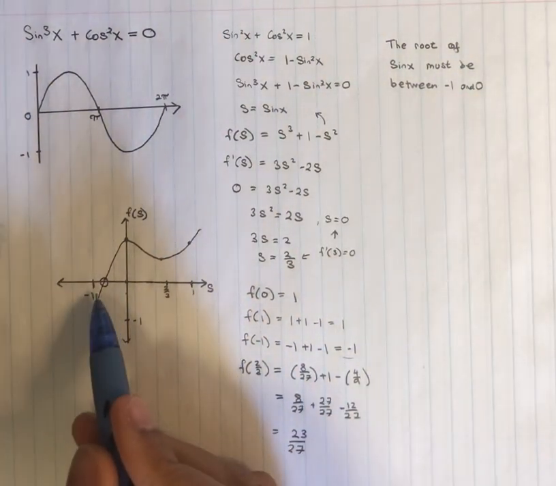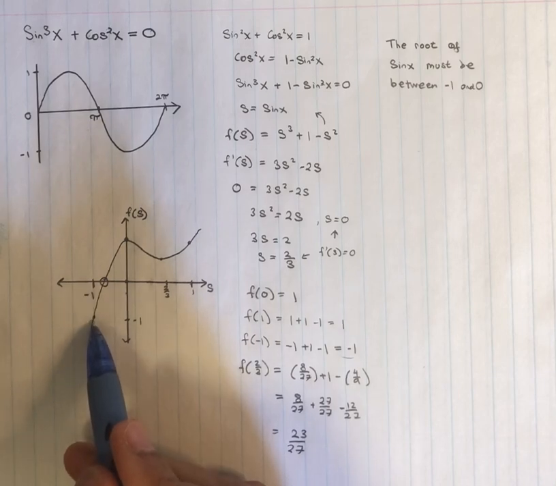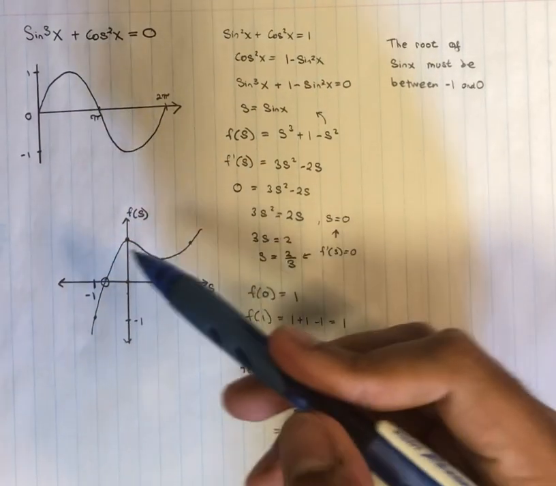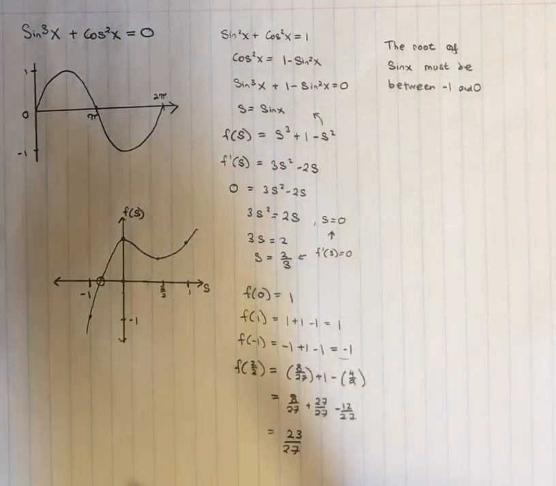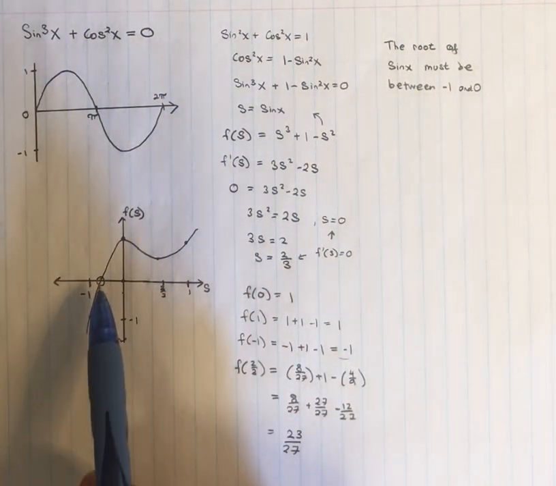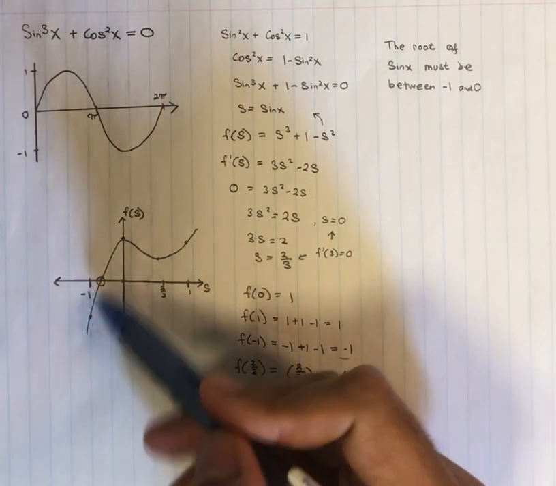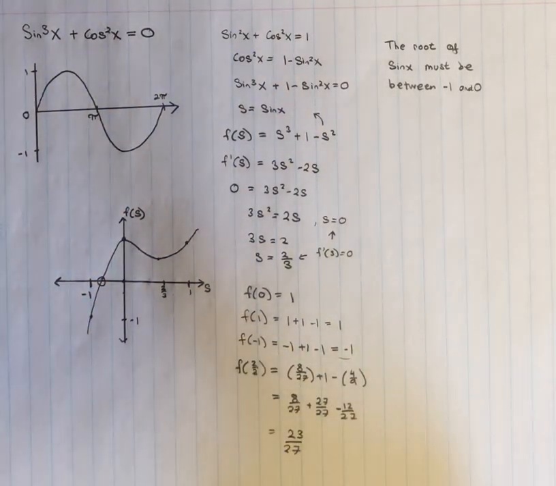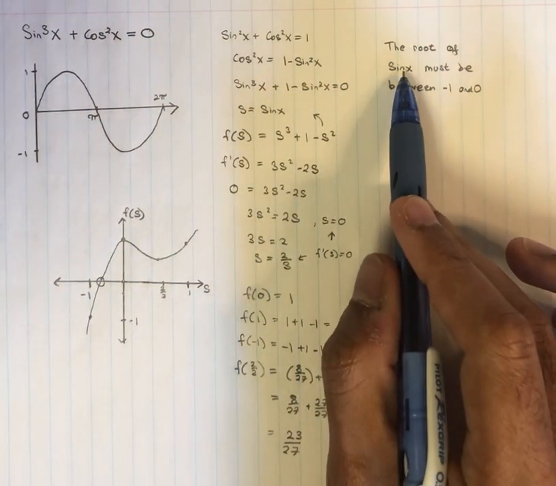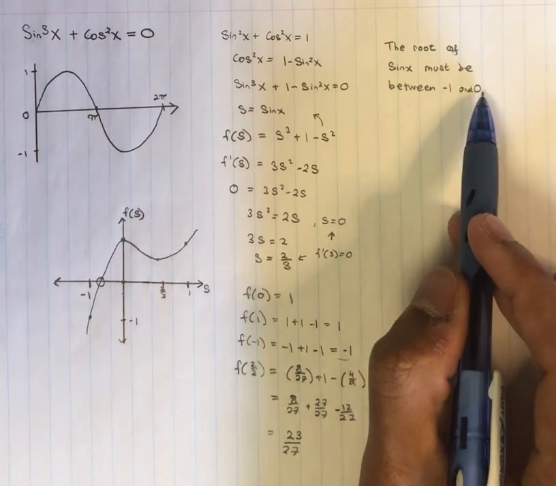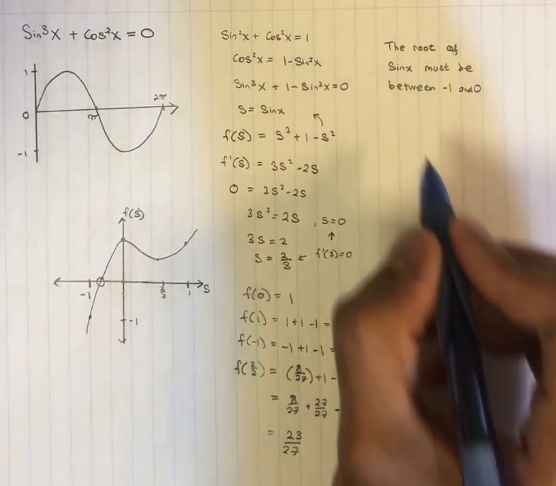Because we know that at -1 it's negative and at 0 it's positive, so somewhere in the middle it has to cross the x-axis. The fancy name for this is the intermediate value theorem, but it's essentially just crossing the x-axis at some point. So -1 and 0. So we want to find all values for sine x that are between -1 and 0.